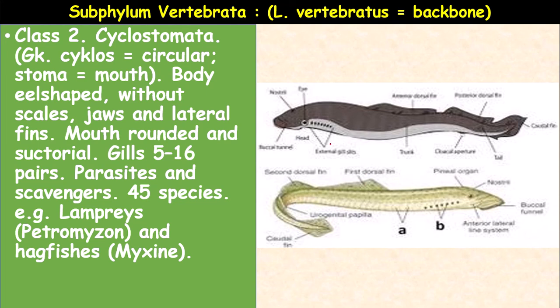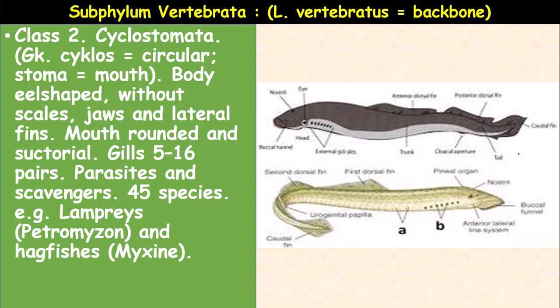They possess gills 5 to 16 pairs. Anterior branchial, the buccal, funnel. Dorsal fin, pelvic fin, second dorsal fin. These are the fins present. Caudal fin.